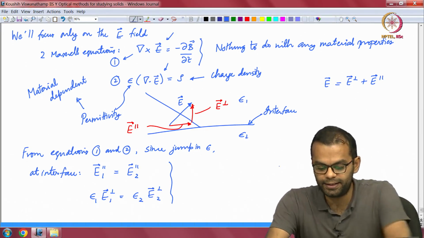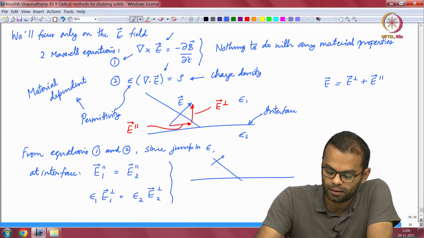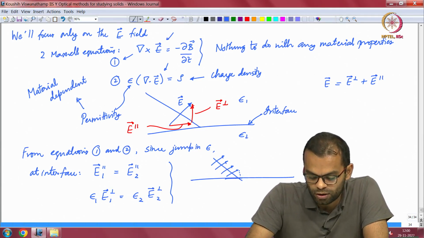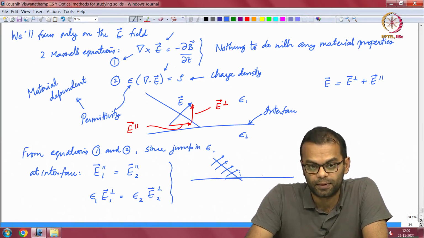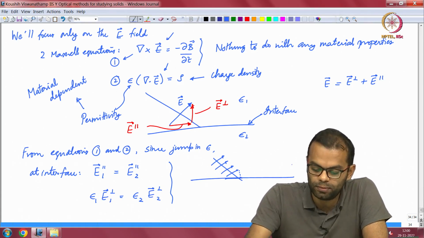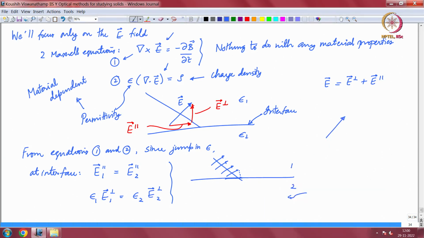So, what this means is that as the light ray enters the medium like this, the component that is parallel remains unchanged. Okay. So, if I wanted to find out the vector here, let us say my incident vector is like this, this is the incident E bar, this is E bar perpendicular and this is E bar parallel.